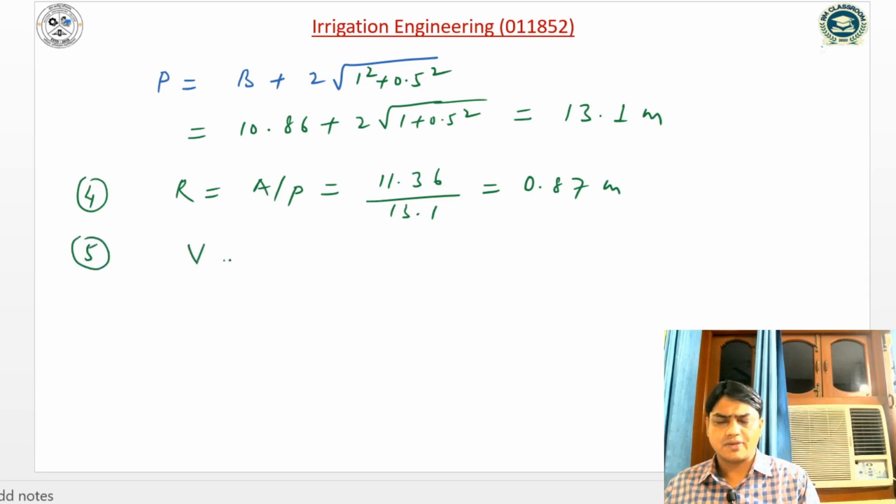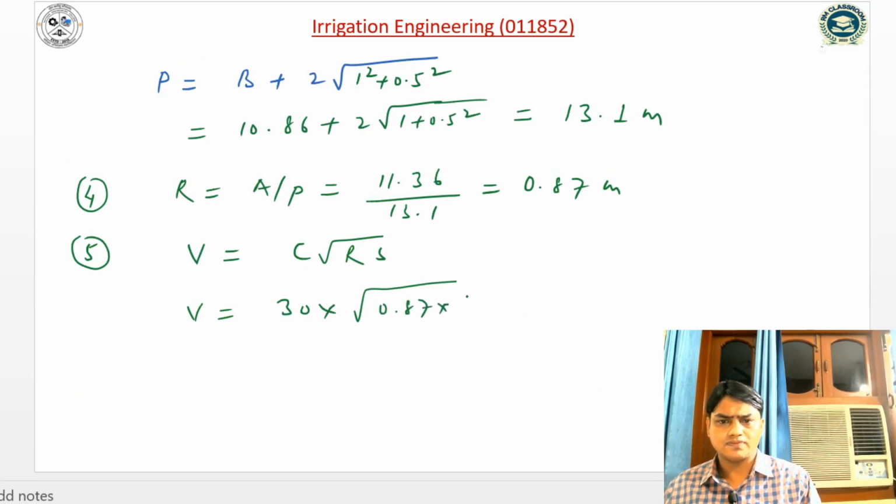So velocity can be computed as C square root of R into S. So V is equal to, C is given in the question, 30. So 30 into square root of 0.87 into 1 by 5000.